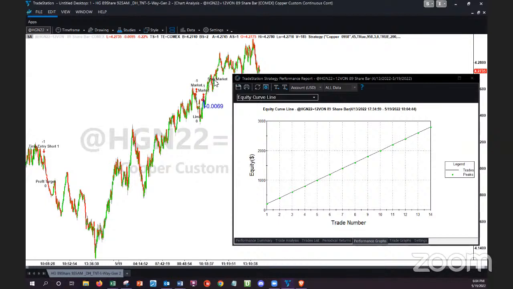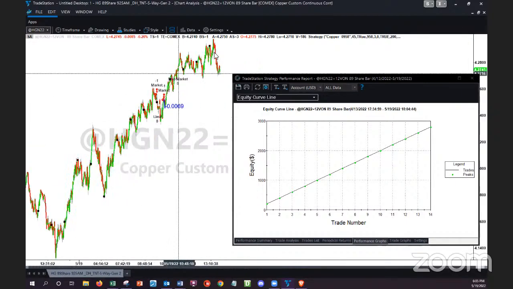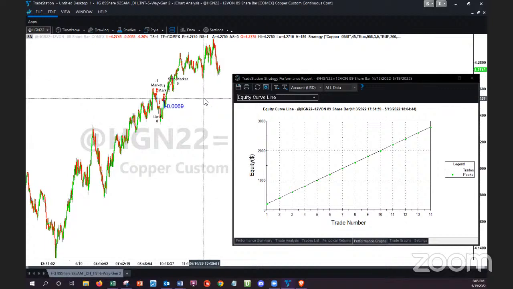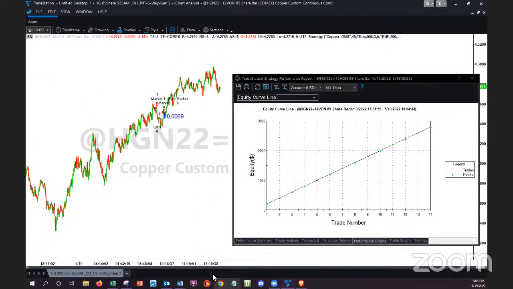What we have here is one of the things that we run into with entries and exits. Let's pull this down a little bit and zoom in, this area right here.